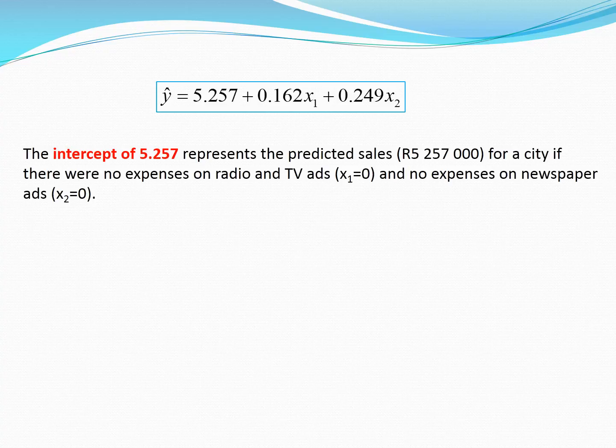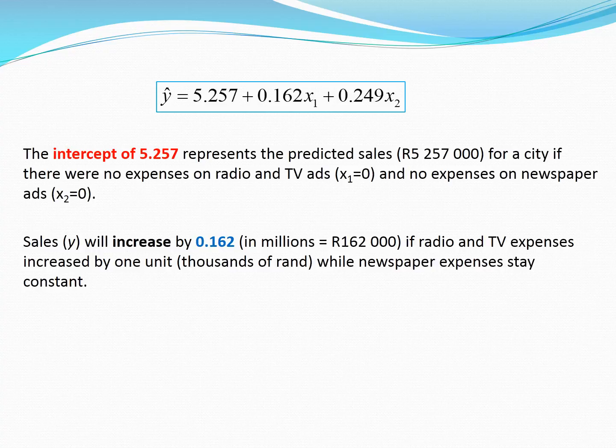So since that value is positive, it means that our sales will increase by 0.162, or 162,000, if radio and TV advertisements expenses is increased by 1 unit, which was measured in thousands of rands, while newspaper expenses stay constant.